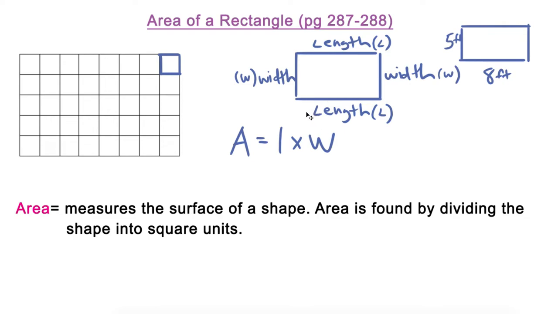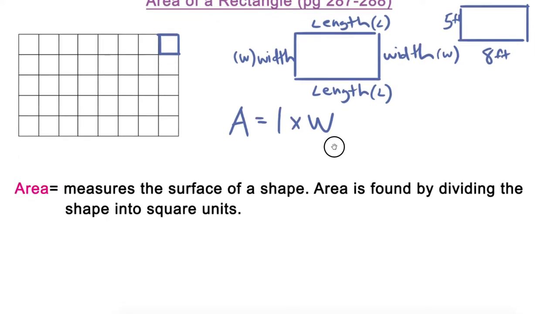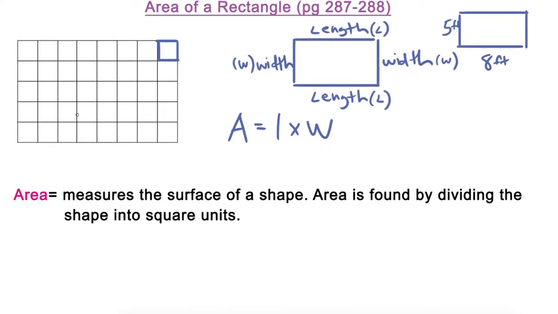If I multiply one length by one width, I will get the same answer as before without having to count up all those individual squares, because that would take a long time. Instead of counting each square, I could have done 1, 2, 3, 4, 5, 6, 7, 8. This is 8 feet.